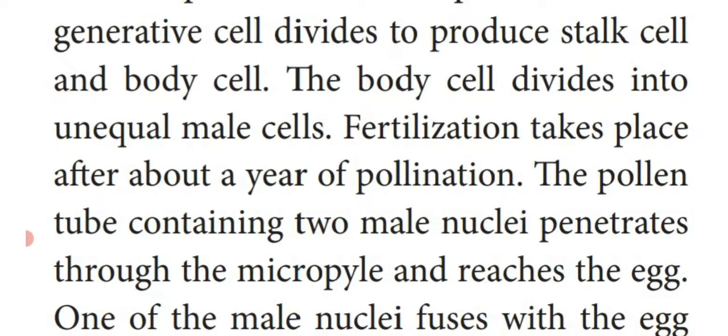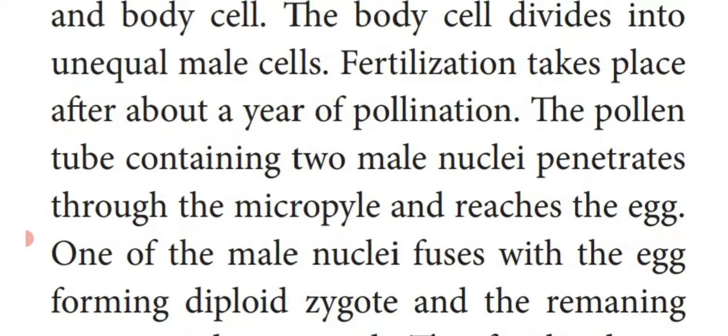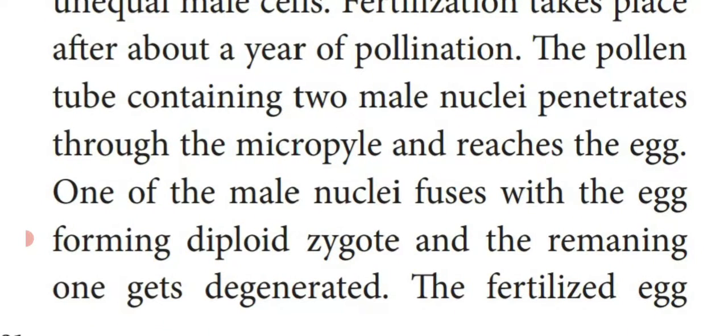One of them reaches the ovule through the micropylar region and fuses with the egg cell, which forms the diploid zygote. The other male gamete degenerates, that means destroyed. The generative cell produces 2 male gametes, isn't it?